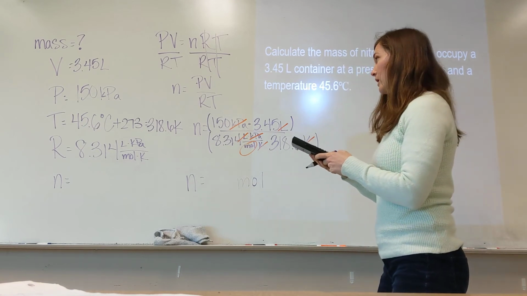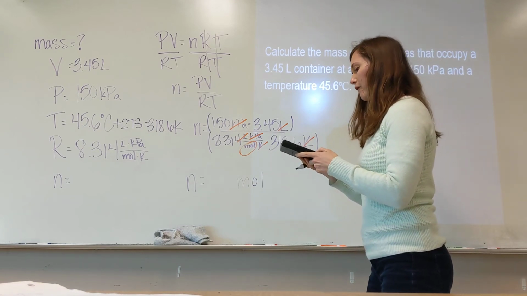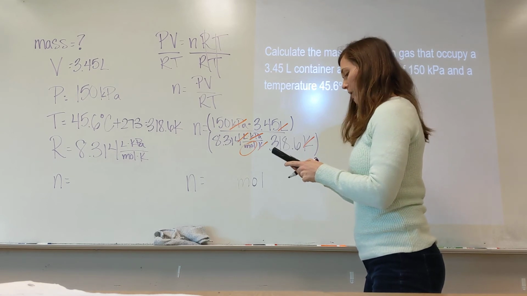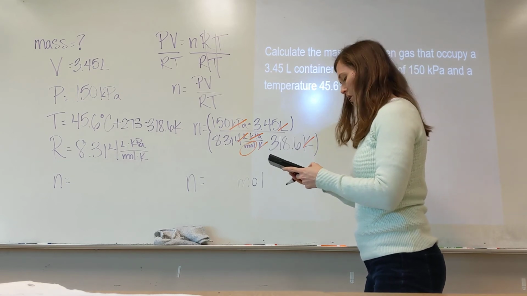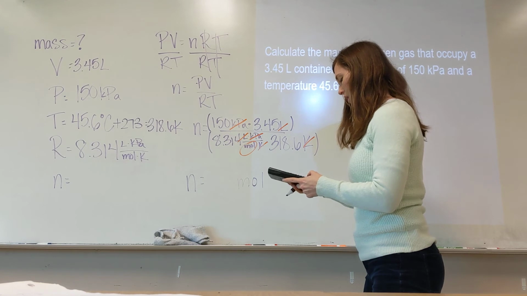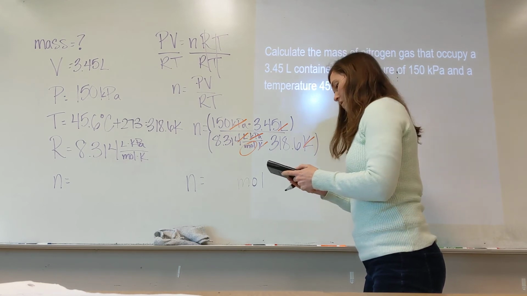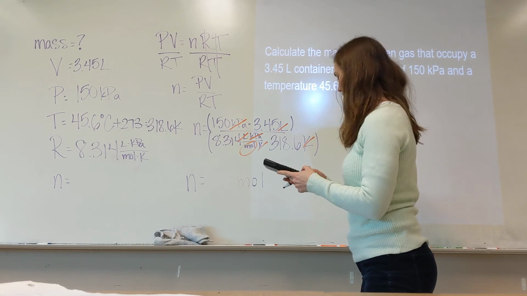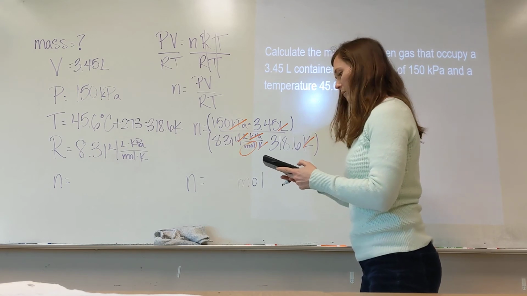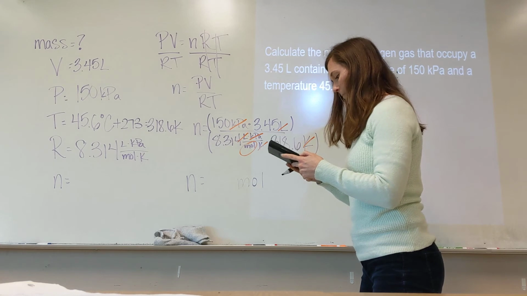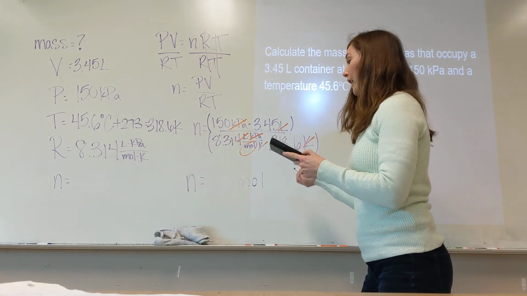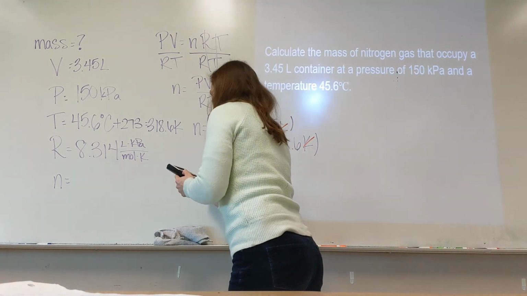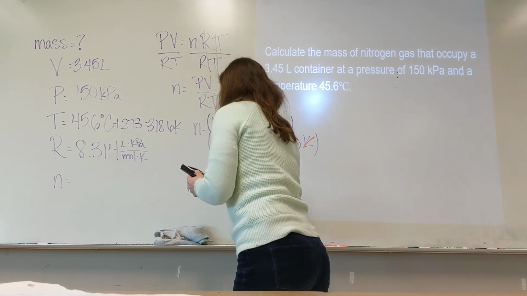So 150 times 3.45 divided by 8.3 multiplied by 318.6, and I get 0.195 moles.